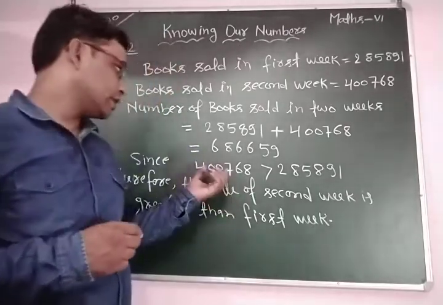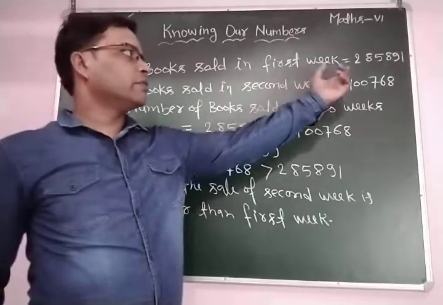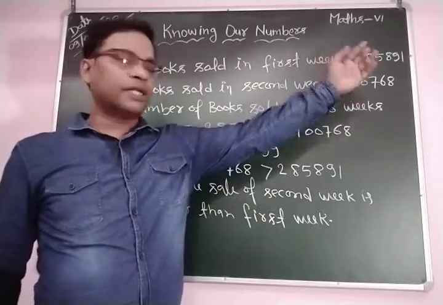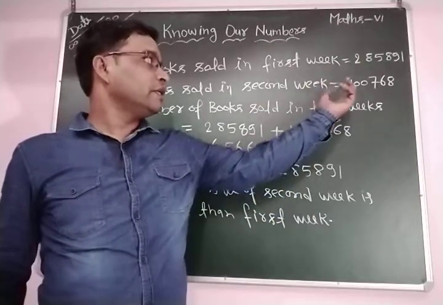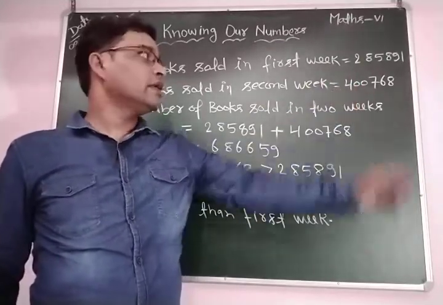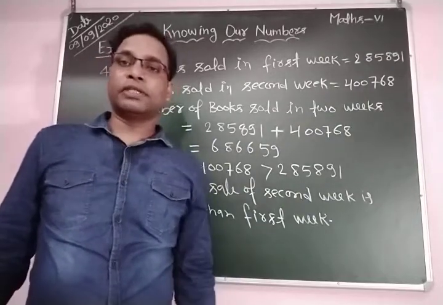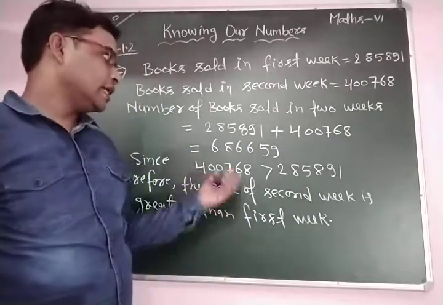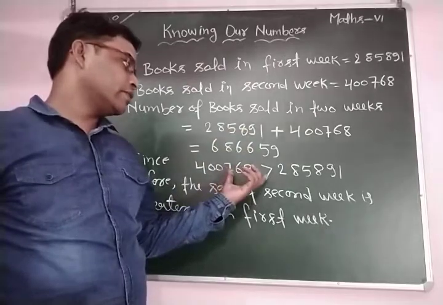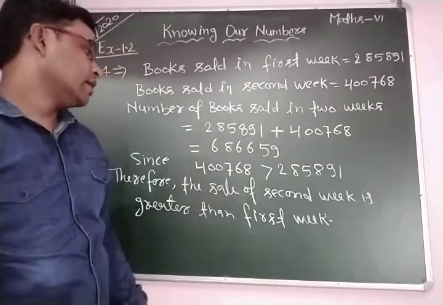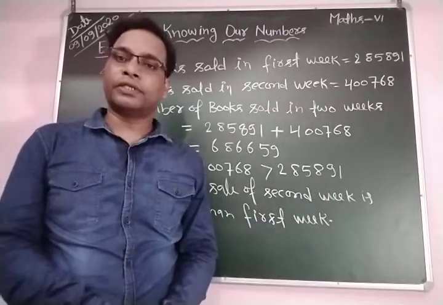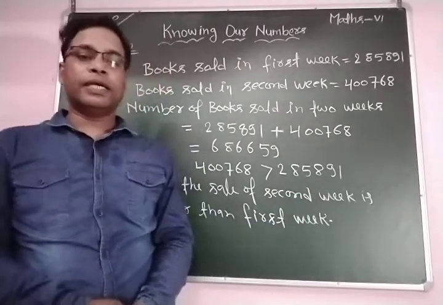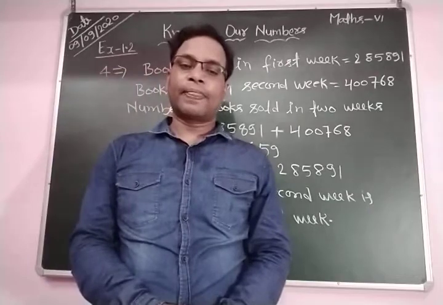So here it is given the number of books sold in first week 2,85,891, and the number of books sold in second week 4,768. If you compare this, then you can say the sale of second week is greater than the sale of first week. Now we need to find the difference.